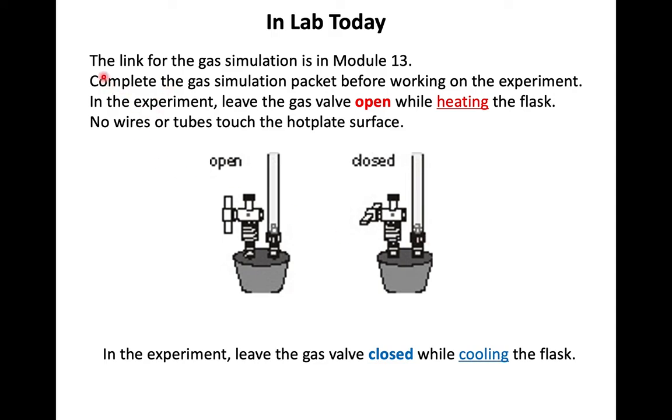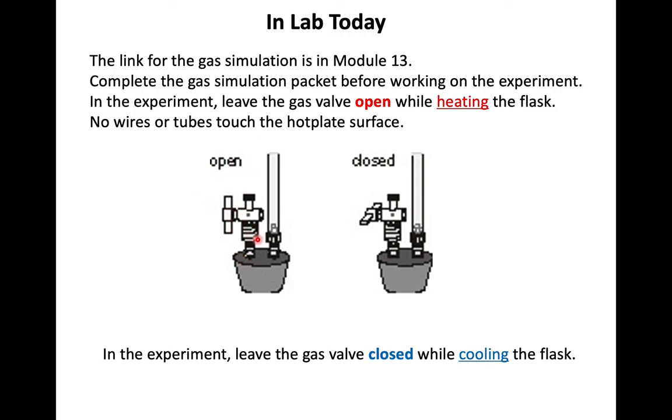So in lab today, I want to point out that the link that you'll need for the first half of the lab, which has to do with the gas simulation, is in Module 13. You want to open up Module 13 on your computer and go there to do that simulation. Complete the gas simulation packet before moving on to the wet lab part of this experiment. In the experiment, leave the gas valve open while heating the flask for reasons that we talked about.